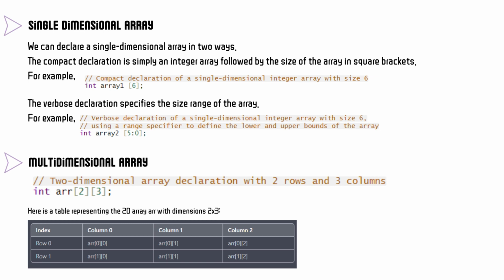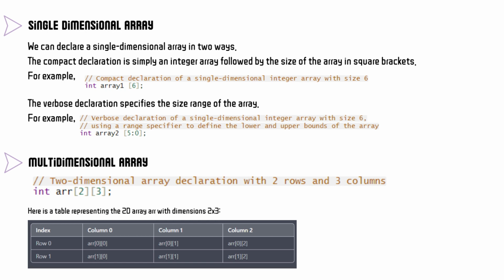Starting with the first index [0][0], we can fill in the value of this index under row 0 and column 0. Similarly, we can fill in the values for the other 5 indices of the array in the corresponding cells of the table.